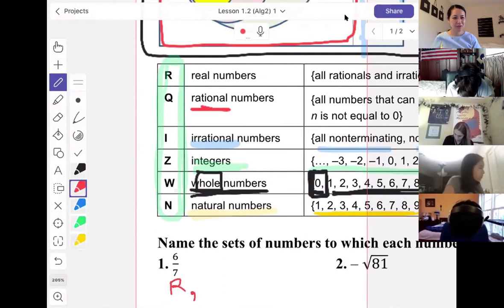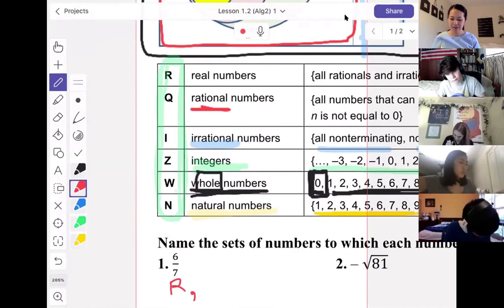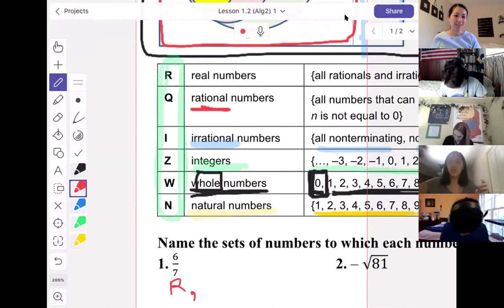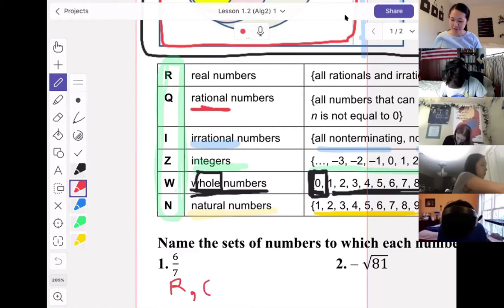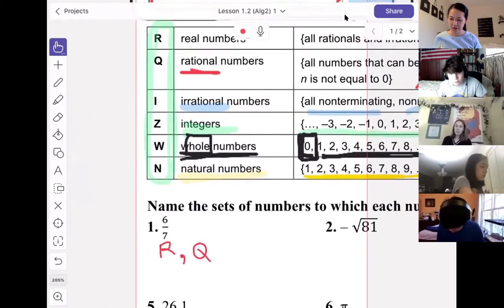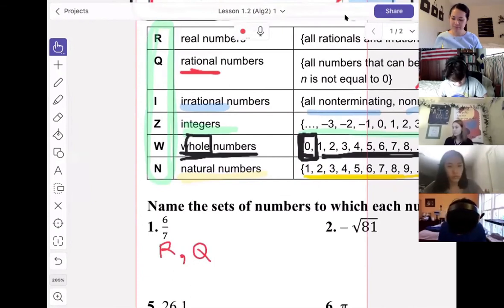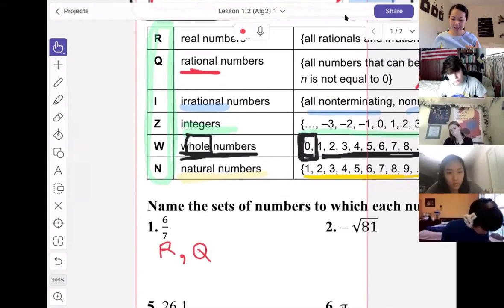Then the second question you want to ask is, is it rational or irrational? In this case, it's written as a fraction already, so definitely going to be rational. So I'm going to write a Q for that one. All right, so if it's rational, it's not irrational, so I'm going to skip the I. Integer, that is not an integer.